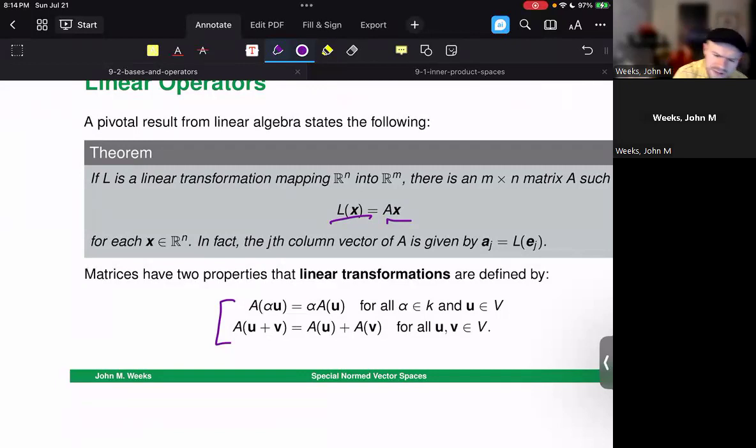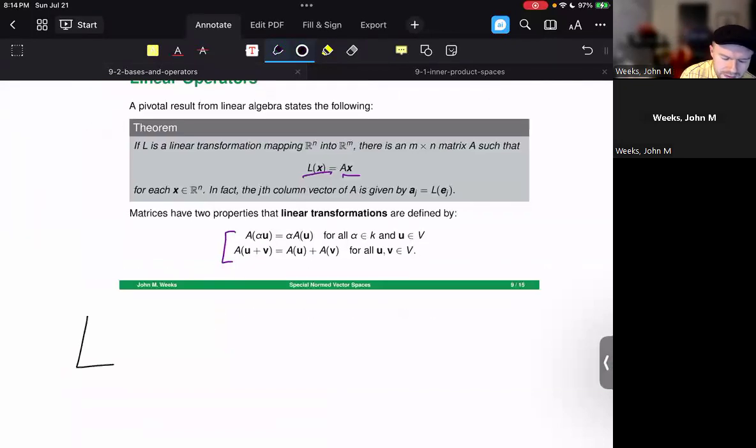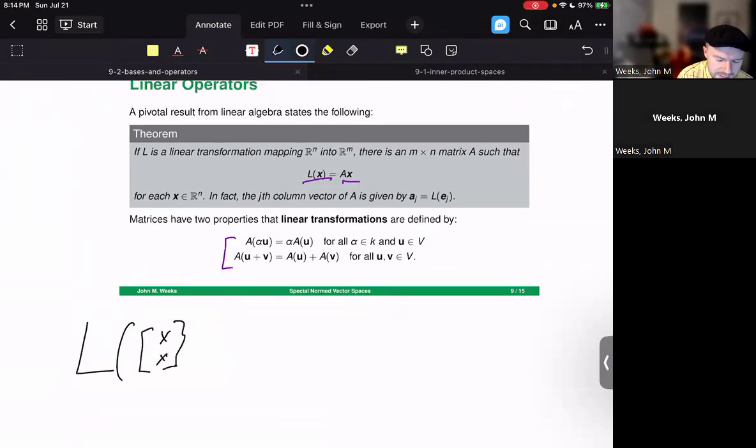Let me give an example of this. Let's say that we have a linear transformation defined by the following. If we take a vector (x, y) inside of R2, we get another vector inside of R3, and let's say I define it as (x plus y, y, 0).